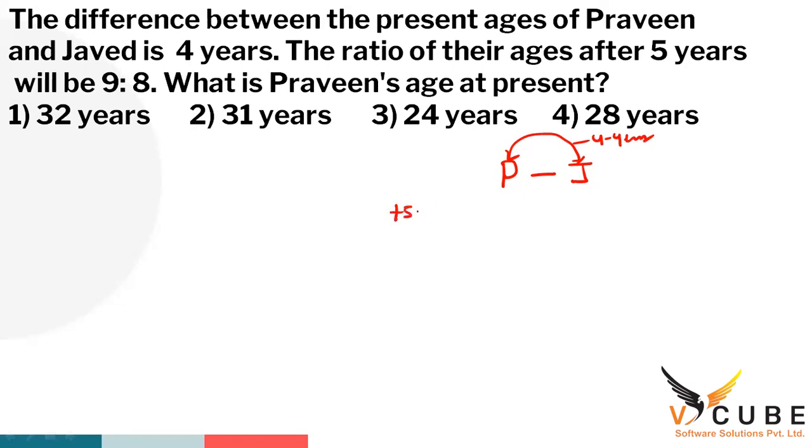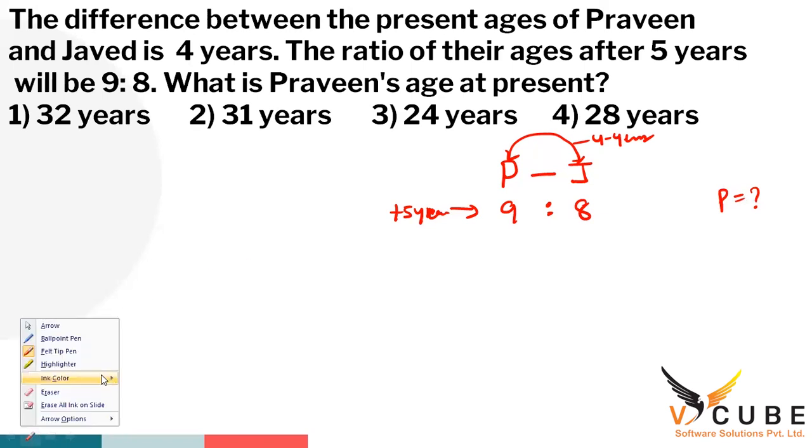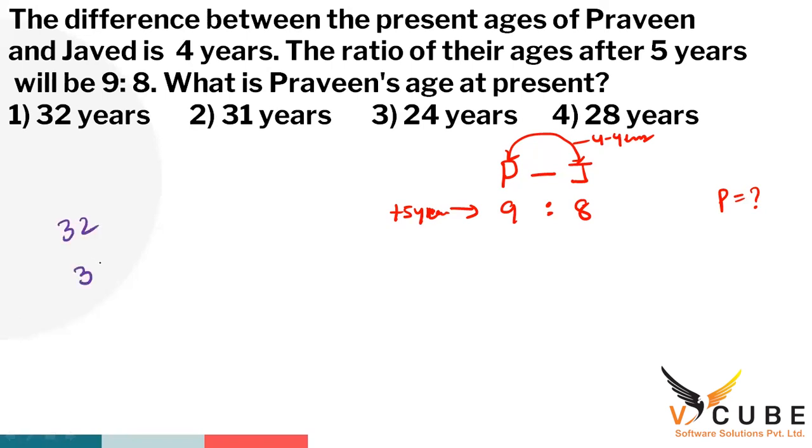After 5 years, the ratio is how much? 9:8. Then find out Praveen's present age. Anyone, guys? What is the answer?